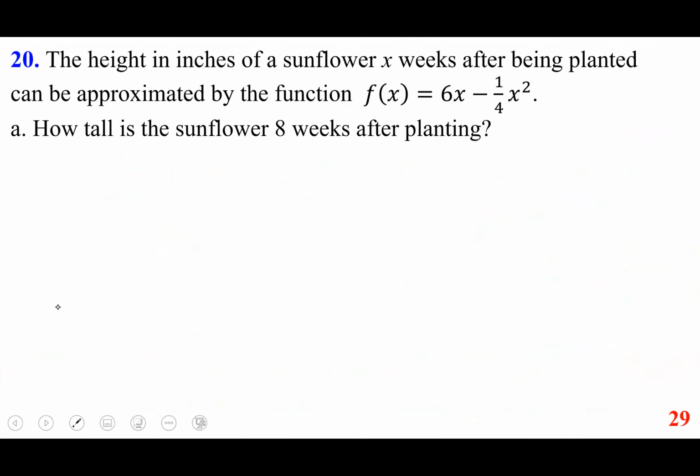The height in inches of a sunflower x weeks after being planted can be approximated by the function f of x equals 6x minus 1/4 x squared. How tall is the sunflower 8 weeks after planting? So simply put, plug in 8 into this formula.